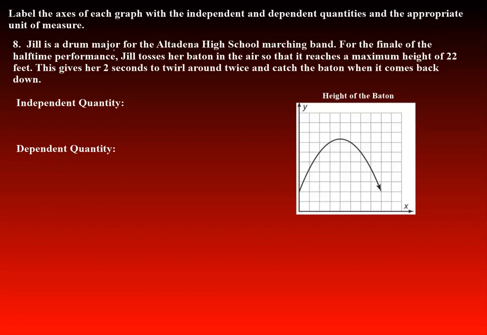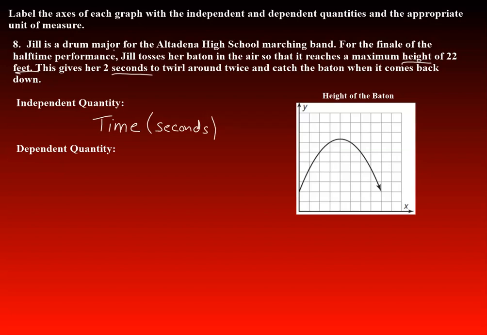Okay, so now that you've tried it, we have seconds as a unit of measure, and we have feet for height. So again, seconds is time. So again, independent is time, and it's in seconds.